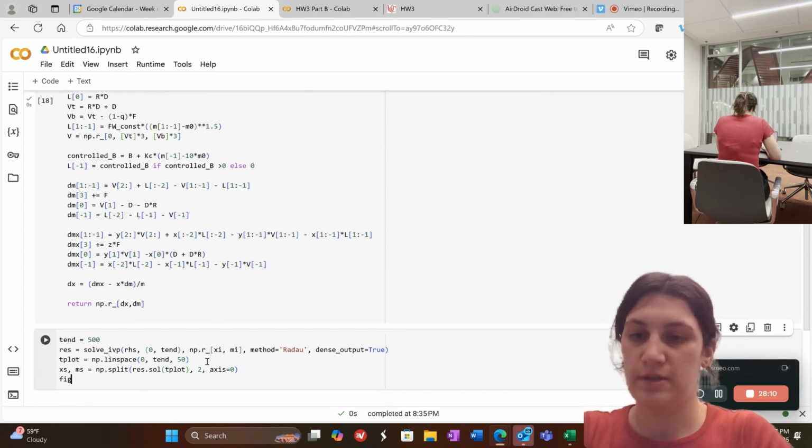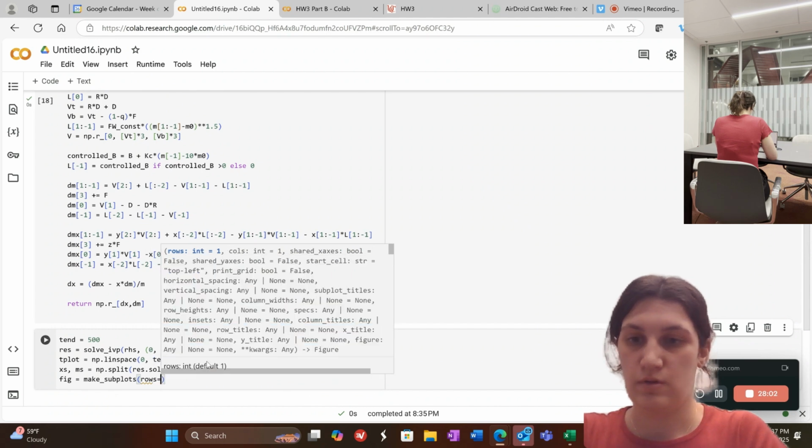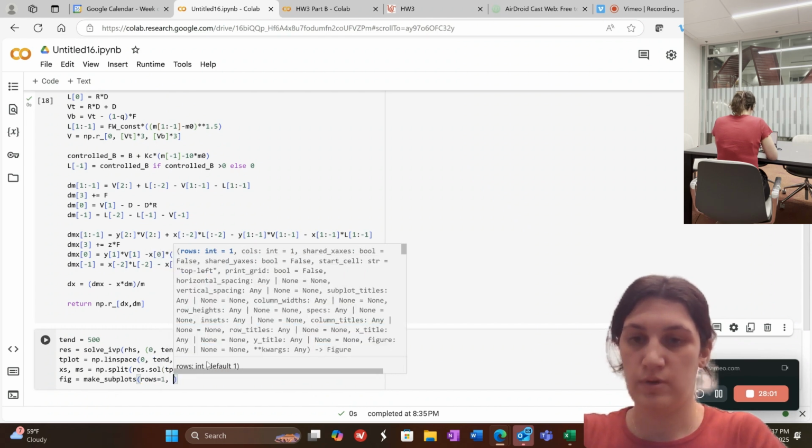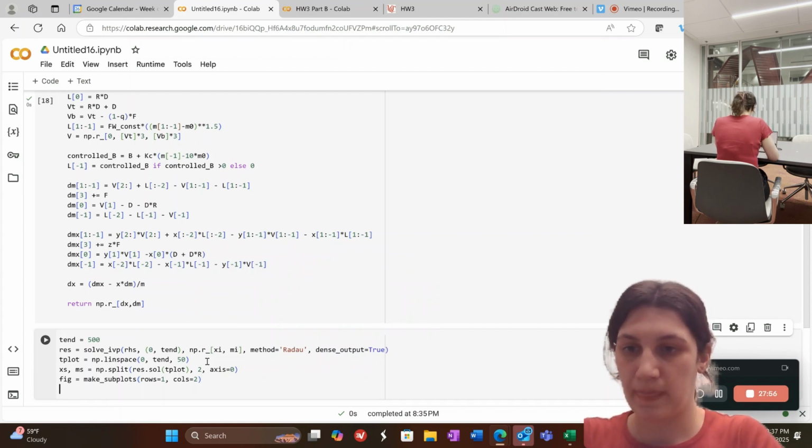Now for our plot, as usual, is make_subplots, and we want one row but two columns, so we can have two plots right next to each other.